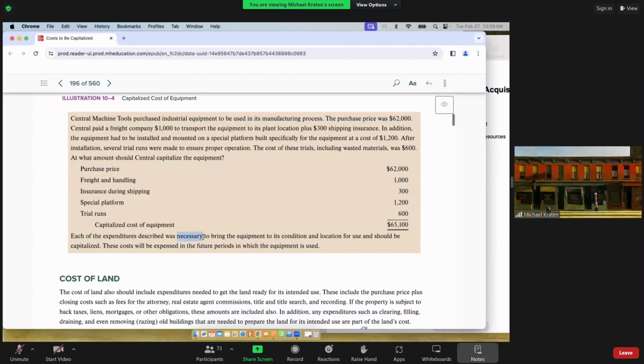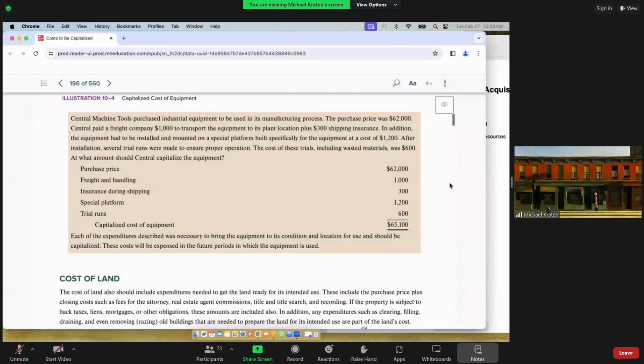However, if you were to see an extra cost item that said, this wasn't really needed to bring the equipment to me so I can use it, it was just something I felt would be nice, for such expenditures, they would not go into the cost of the equipment. And if you're thinking, well, it would just be nice, and you're paying for them, you would reduce cash and you would recognize an expense.